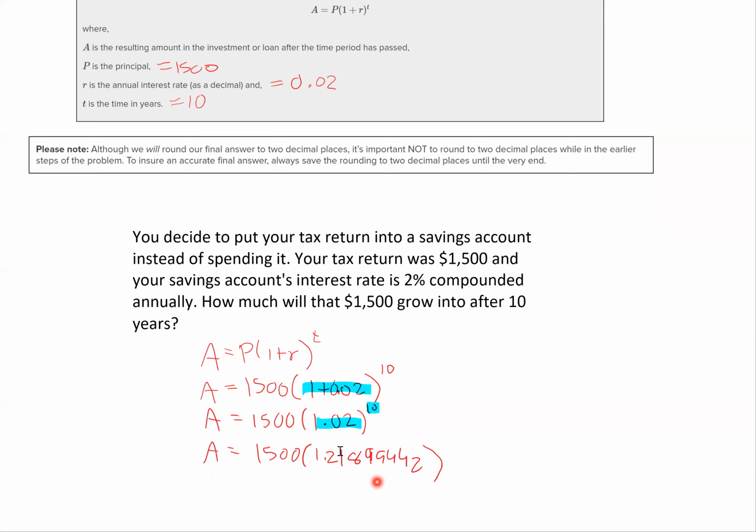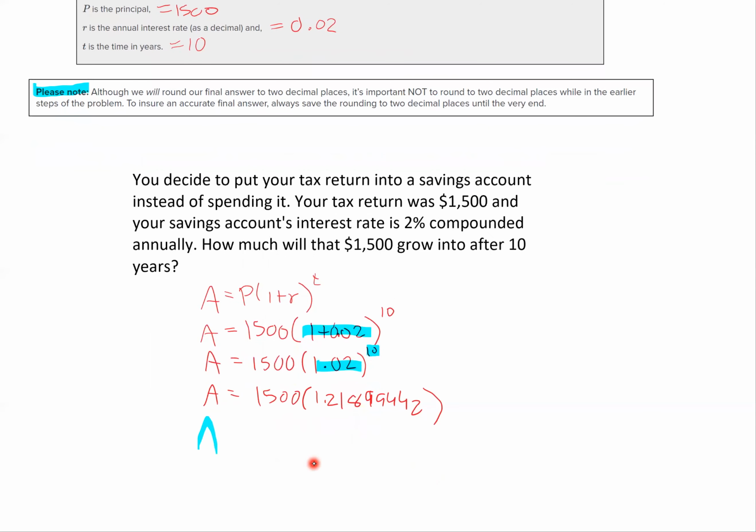You might be tempted to round this number because it's pretty long, but although we will round our final answer to 2 decimal places, it's important not to round in the earlier steps of the problem. If we want our final answer to be very accurate, we can't round these earlier steps. So we're going to save the rounding until the end.